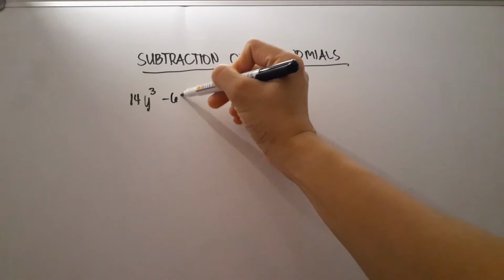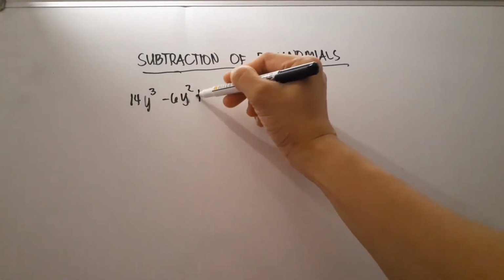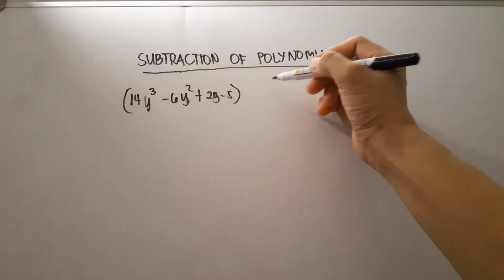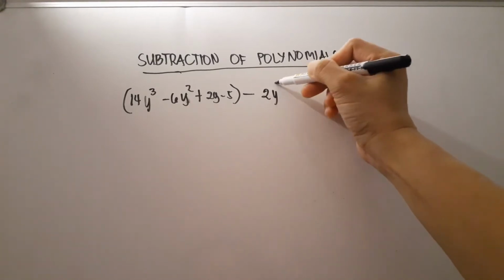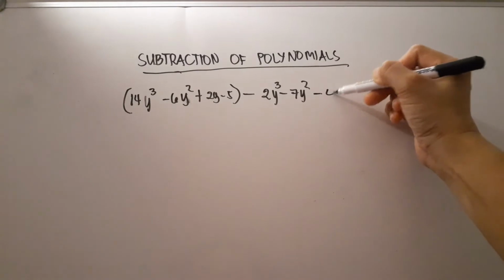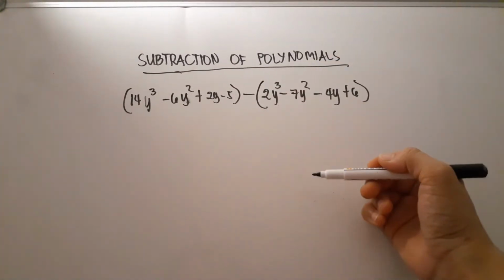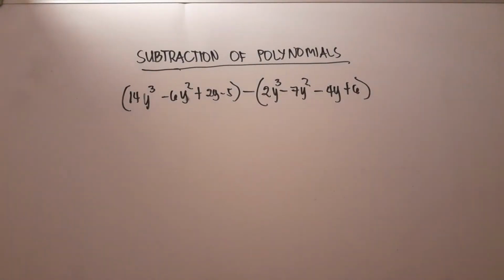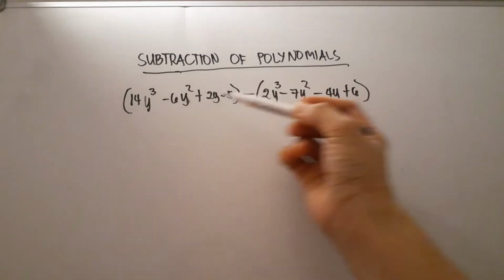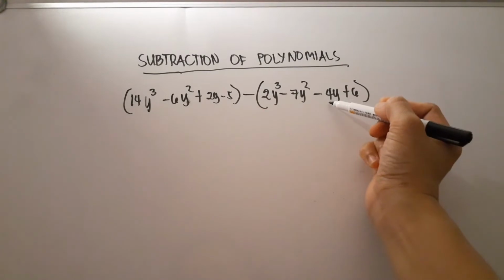And let's have another example, 14y cubed minus 6y squared plus 2y minus 5 minus 2y cubed minus 7y squared minus 4y plus 6. We can see this in the vertical method.